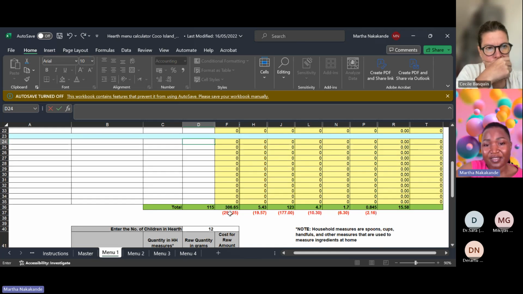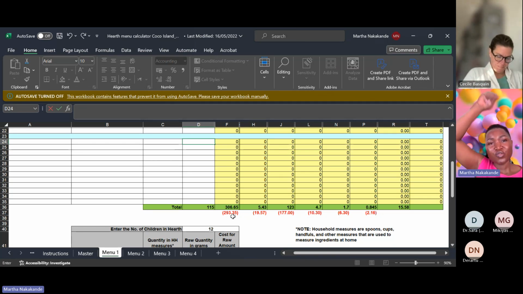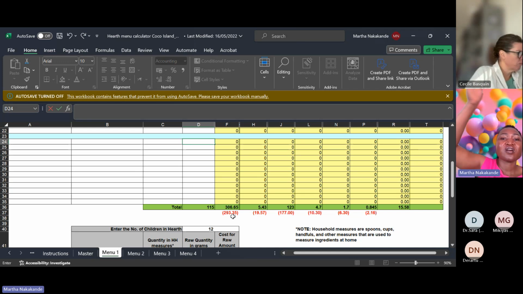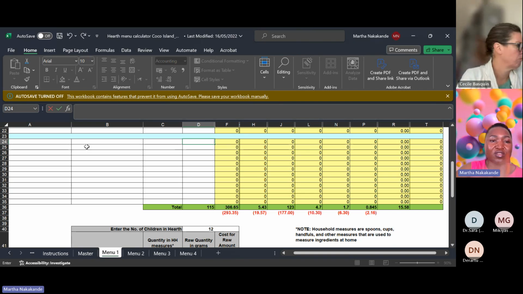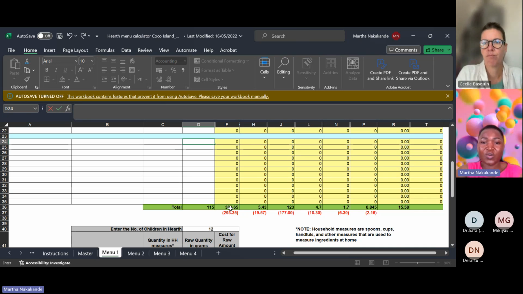That means you will be less by 293. Remember, this calculator is based on the minimum diet that you'd need to treat moderate acute malnutrition, which is 600 to 800 kilocalories, or 500 to 600 in food insecure contexts. So you need to find a way of increasing the meal or the items up here so that you can increase your caloric quantity.